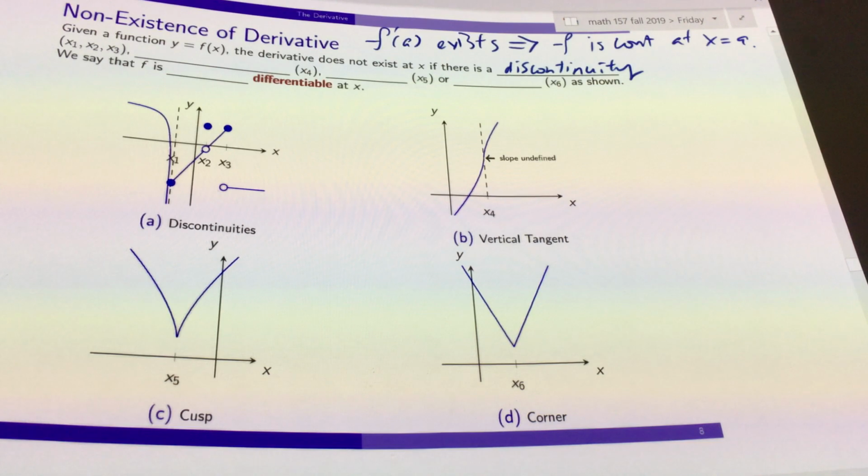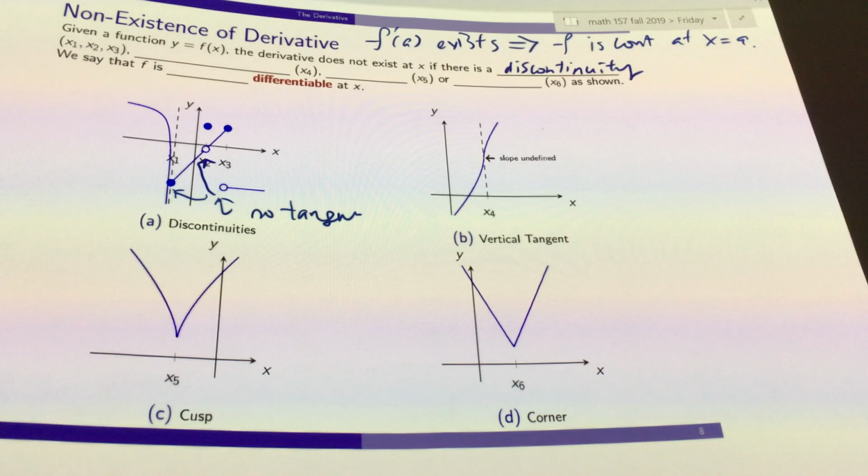You cannot consider any tangent at these points. There's no tangent at this point. No tangent at this point. No tangent at this point. Because they are not continuous. A tangent has to be very smooth, continuous and with no sharp point.